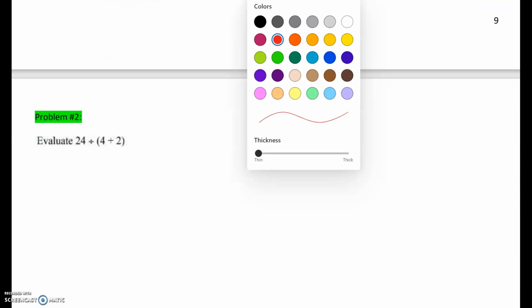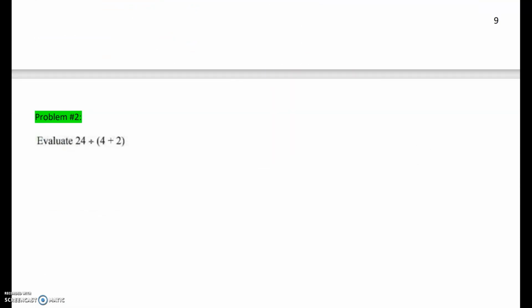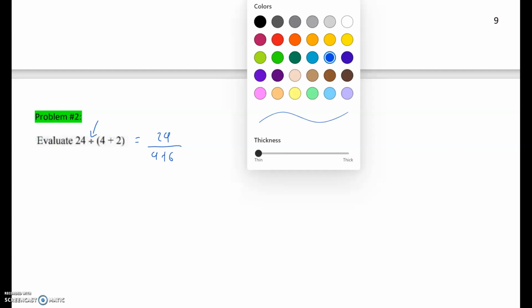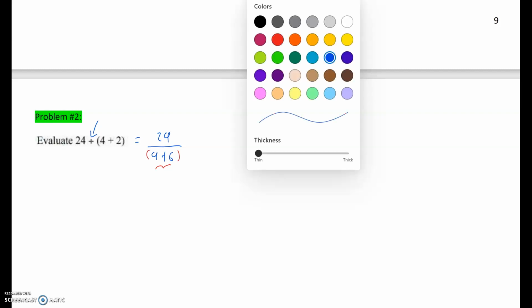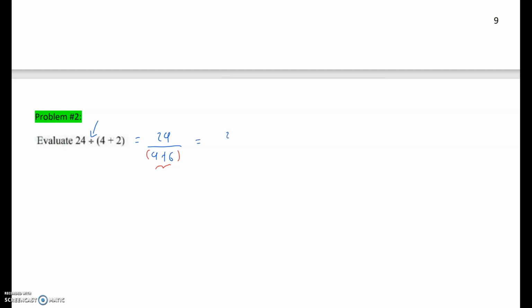On problem 2, I'm going to rewrite it as a division. In this case, this represents 24 over the value of 4 plus 6. And then technically there's a set of parentheses there. So we're looking at 24 over the value of, oh shoot, this is a 2.